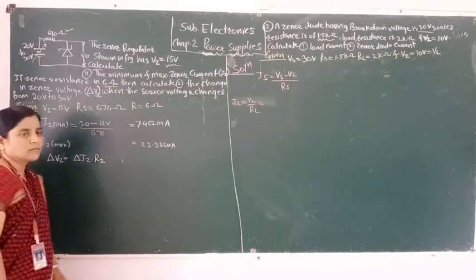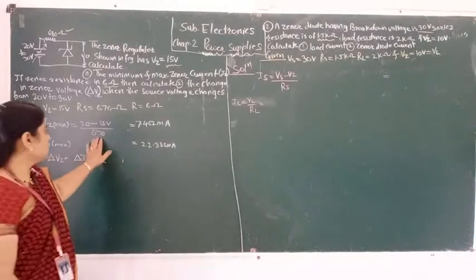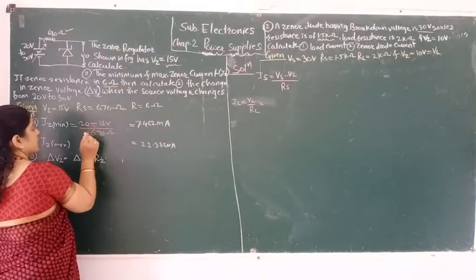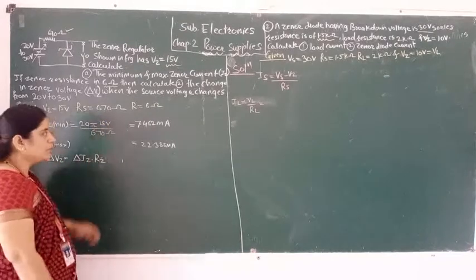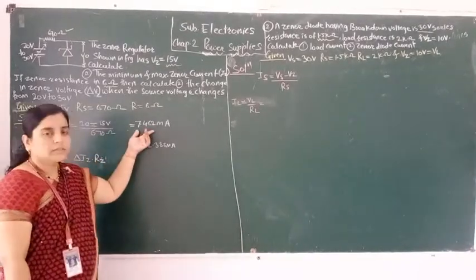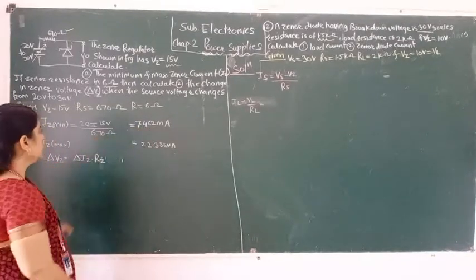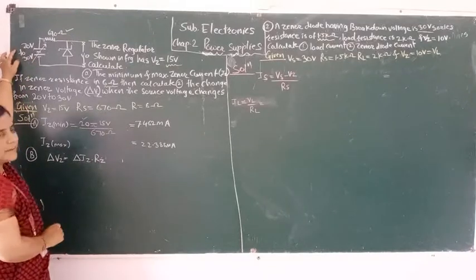So 20 minus 15 volt divided by 670 ohm is 7.462 milliampere. It's so simple. Since the minimum value is asked, you take the minimum value from this variation.